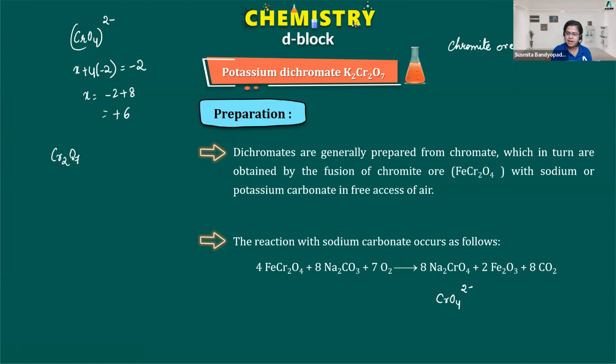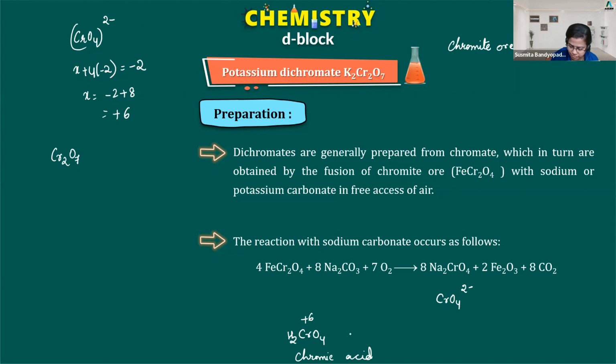What is CrO3 called? It can be called an anhydride of chromic acid, chromic anhydride. H2CrO4, in which Cr is plus 6, is known as chromic acid.